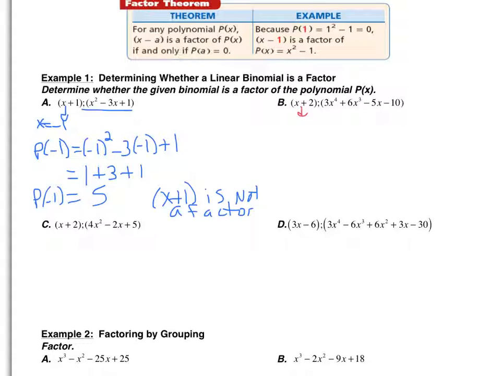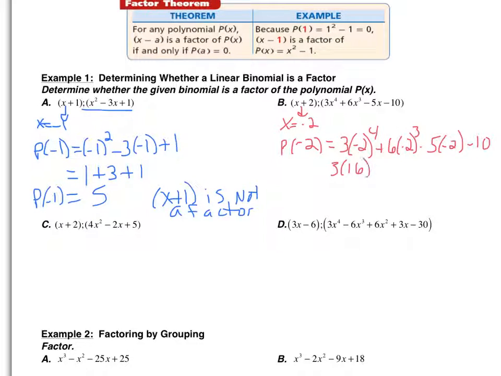So in this case, we know x is equal to negative 2. And if we plug it in, we have p of negative 2 equals 3 times negative 2 to the 4th plus 6 times negative 2 to the 3rd minus 5 times negative 2 minus 10. So negative 2 to the 4th is 16, so 3 times 16, plus 6 times negative 2 cubed, which is negative 8, minus 5 times negative 2, minus 10.